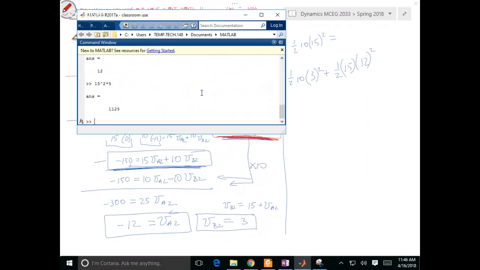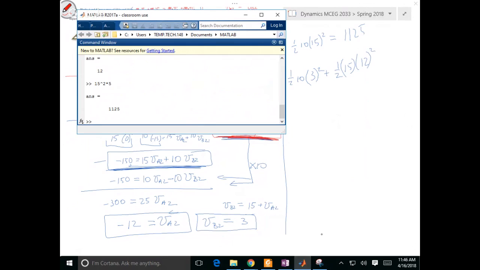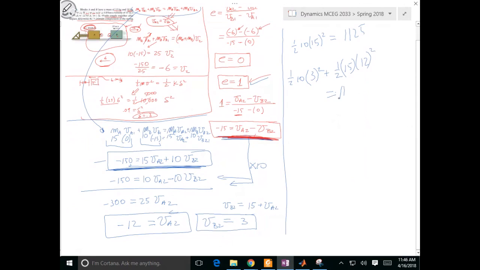That's a weird number. 1125? That's a very strange number. So then if I come back here and say 3 squared is 9 times 5 plus 12 squared times 15 divided by 2, it's the same energy. So after impact, it's the same exact energy as it was right before impact.